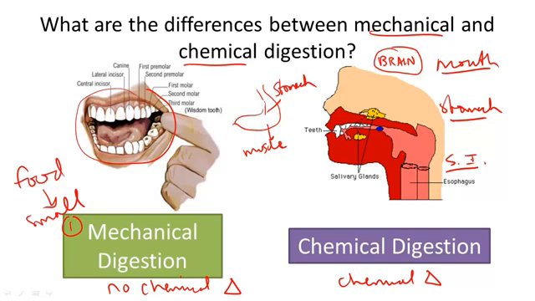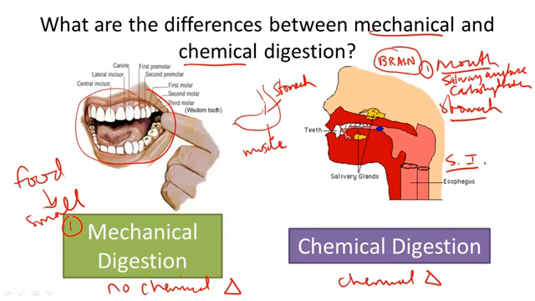And this starts the process of chemical digestion. An enzyme known as salivary amylase will break down carbohydrates into simple sugars called monosaccharides. So that's the first step of chemical digestion in the mouth with carbohydrates.